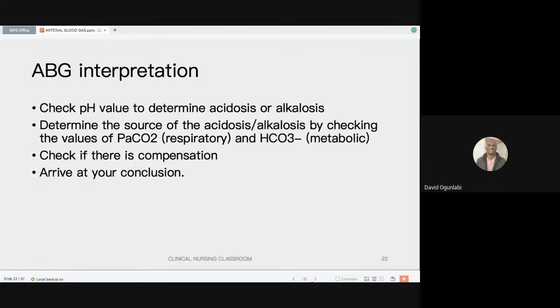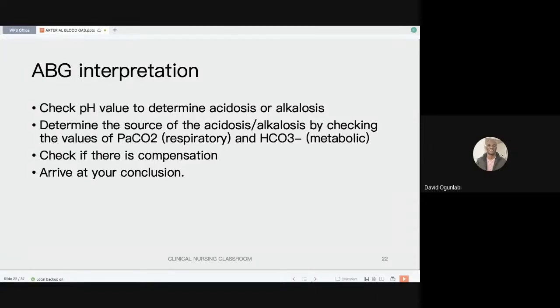So the cause of that acidosis is respiratory. So you can say that is respiratory acidosis.